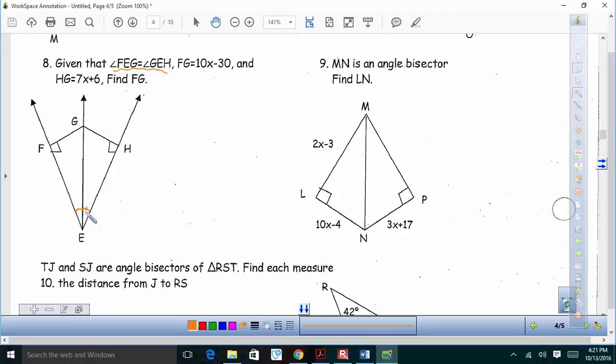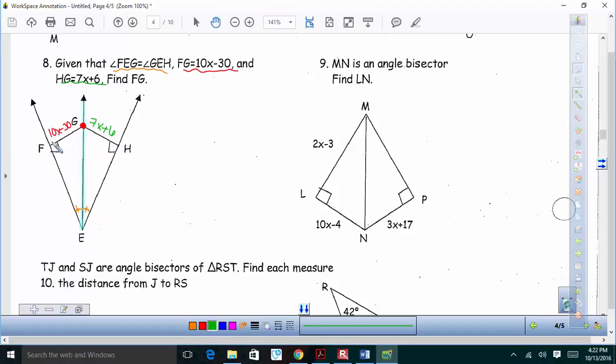So if these are equal, that means that EG is a bisector, okay? And G actually lands on the bisector, right? So they give me FG, the distance from this side to this point, is 10x minus 30. And then it tells me that HG, this length from H to this point, is 7x plus 6.